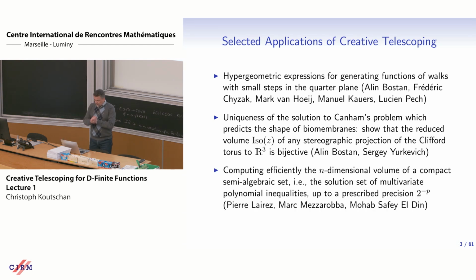Pierre Lairez, Marc Mezzarobba, Mohab Safey El Din, all of them are here. They designed an algorithm to compute the volume of an n-dimensional compact semi-algebraic set, also up to a prescribed precision. And also this has as one step creative telescoping.